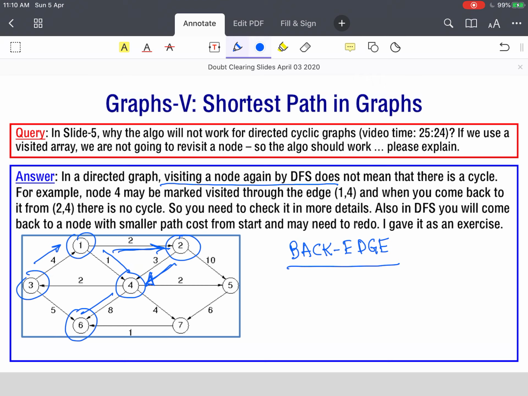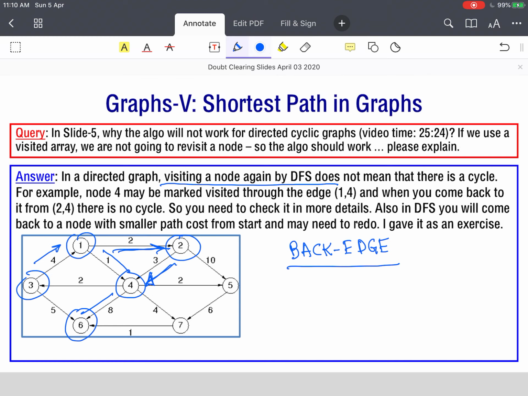You could also come back to an already visited node by a forward edge. So in DFS, you really can come to a node with a much larger cost, and because of that you need to backtrack. I had given that as an exercise.